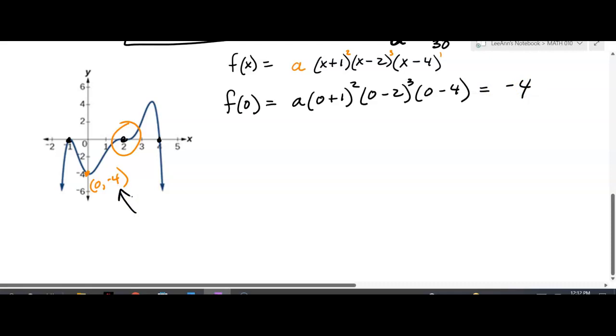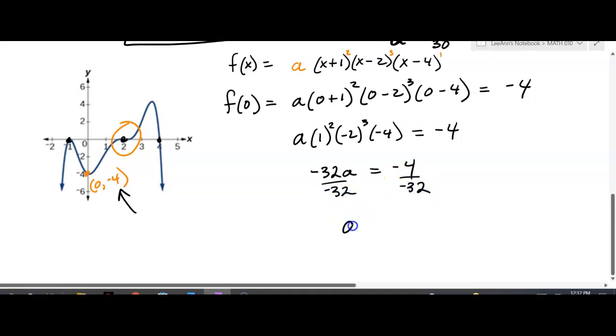Okay, so now we get a times 1 squared times negative 2 cubed times negative 4. And then that's going to be, let's see, negative 8 times negative 4, it's going to be negative 32 a. Let me make sure I did my math right. Okay, so dividing by negative 32.